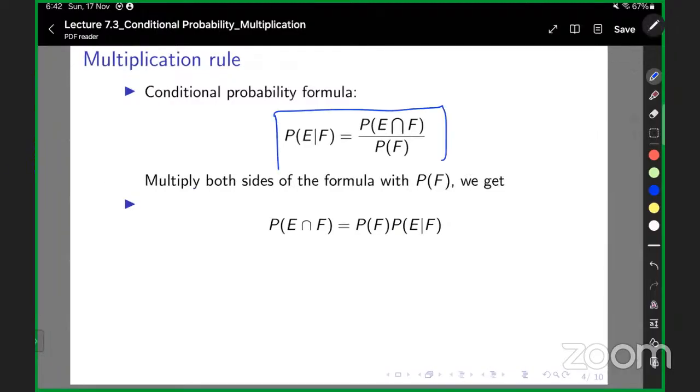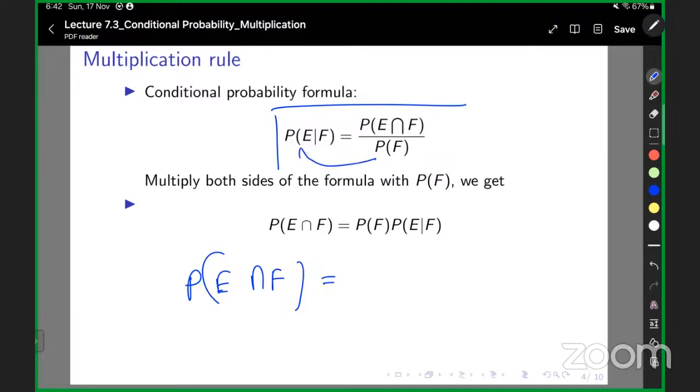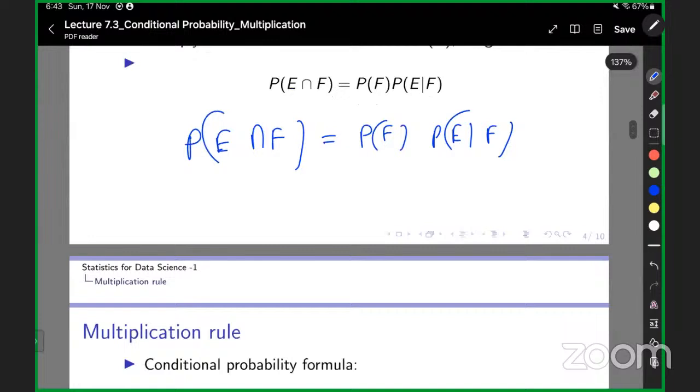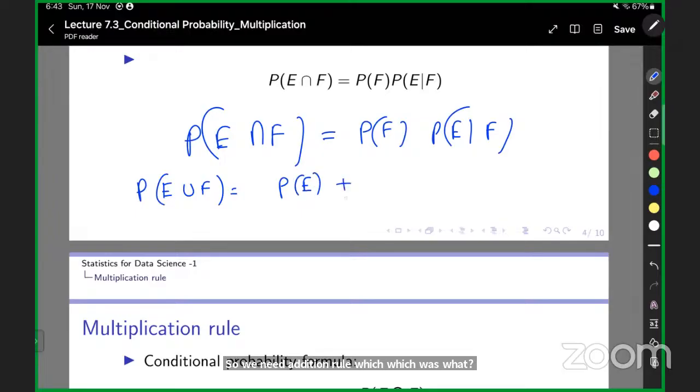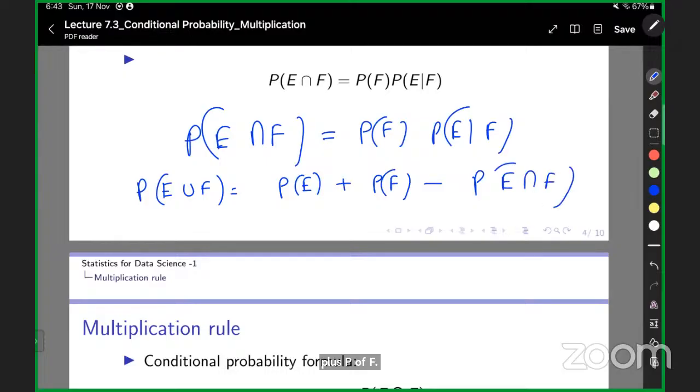So you have to think about all this, and then you can solve it. So what is known to us is that P of E intersection F is this, right? And then what you can do is you can actually expand this. So P of E intersection F is equal to, you can bring it here, or maybe you can multiply both sides with P of F, and you'll get this, right? We did the addition rule, which was P of E union F, which would have been P of E plus P of F minus P of E intersection F, right?